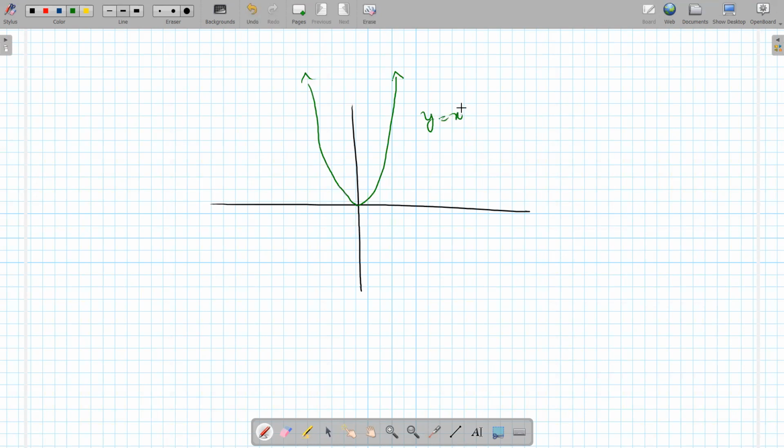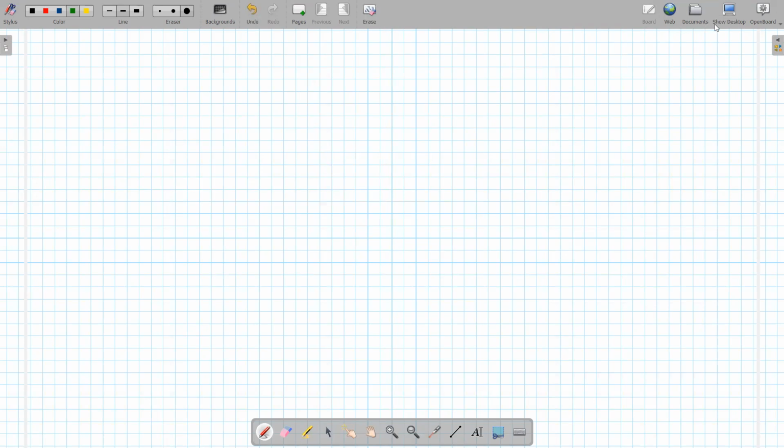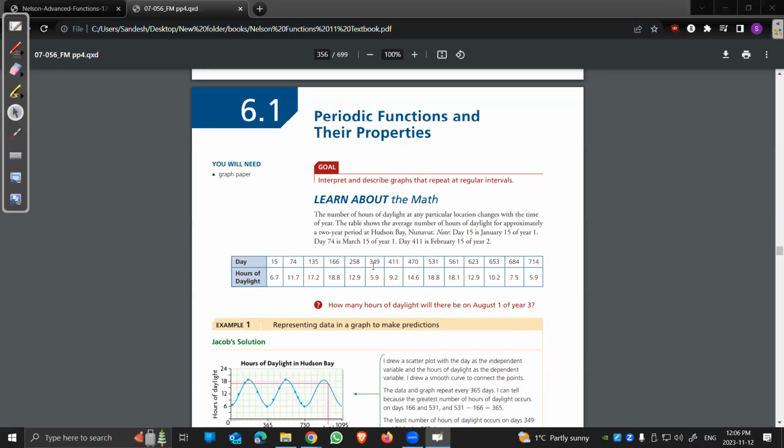Is this periodic? It's not. Periodic means at a certain time interval, it is going to loop. It's going to restart. So x squared is not periodic, but trig functions are periodic.